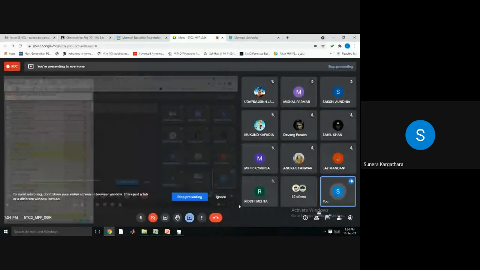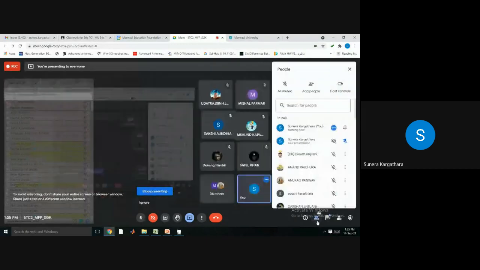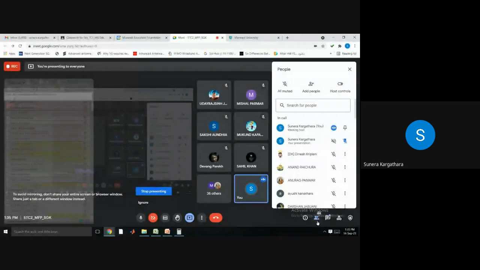Okay, can anyone tell me the procedure for 35? How will decimal 35 be converted into hexadecimal? I want to convert 35 to hexadecimal. How to do this? Sakshi, can you try? Yes, Uday, you want to try? Go ahead. Yes, ma'am. First of all, we have to separate the nibbles.